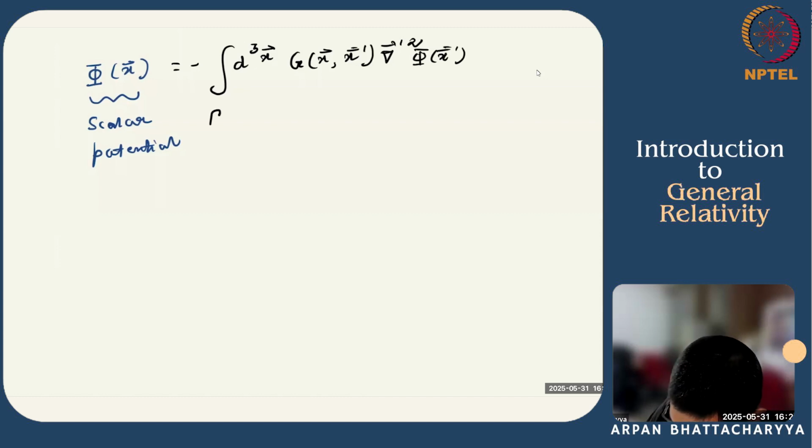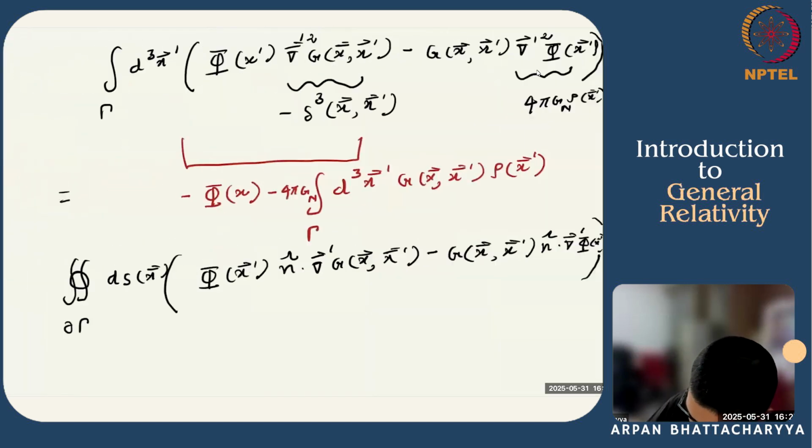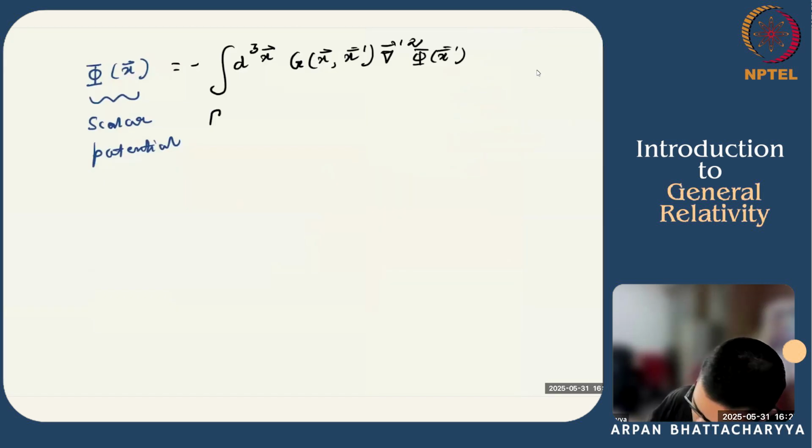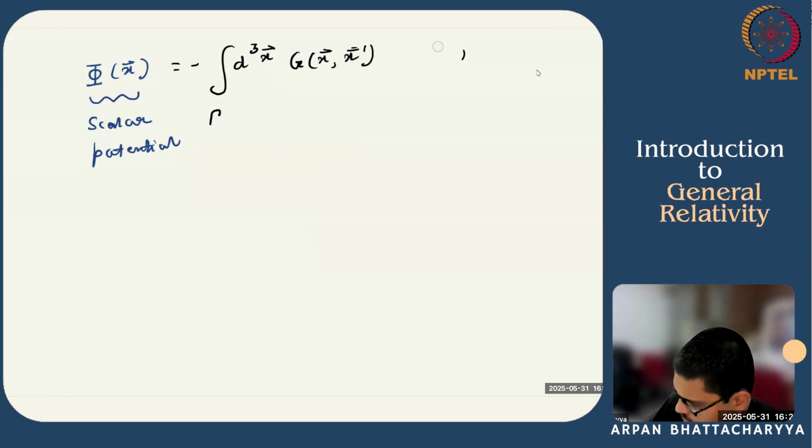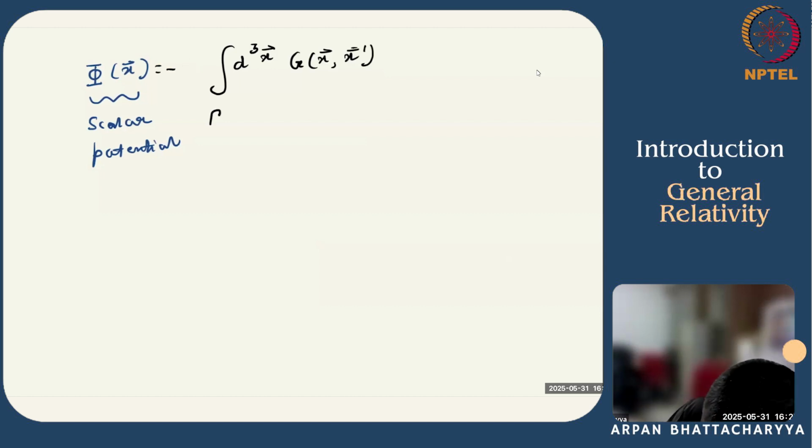But we know that it satisfies the Poisson equation, so we can replace it by that, as we have done previously. So let's remove this and write it in the following way: minus 4 pi G rho of x prime.